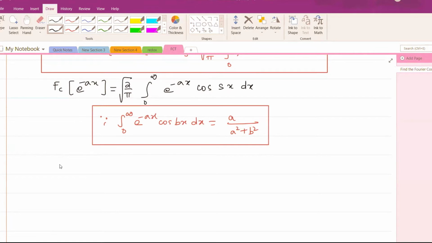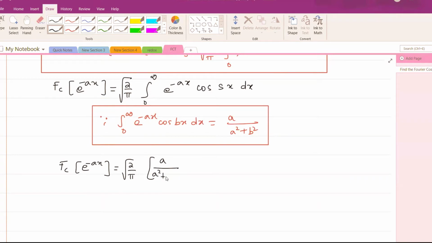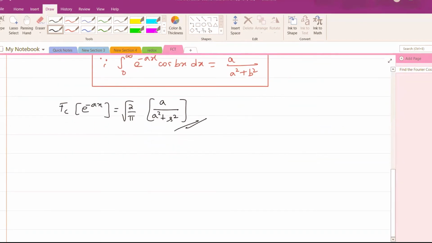Therefore, the Fourier cosine transform of e to the power minus ax becomes root of 2 by pi and then a divided by a square plus s square. The b alone is replaced as s here. That's all. We have calculated the Fourier cosine transform of e to the power minus ax.